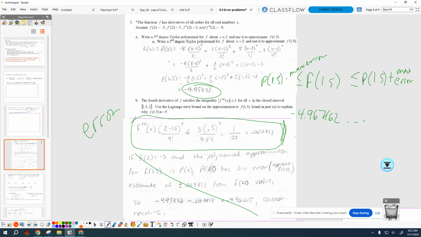For Taylor series, they're always going to ask me that, for just linear. It is a first degree Taylor.